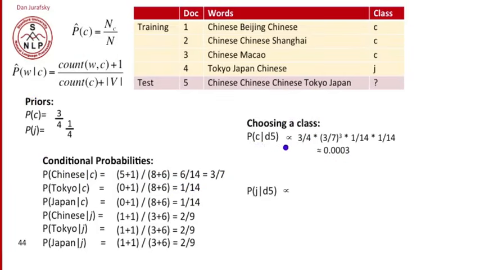Notice that we say that this probability is proportional to this product because we are computing the argmax between these two classes. We're computing the class which maximizes the product of the two probabilities, but the actual probability has a denominator in it. It would have to be divided by P of the document.